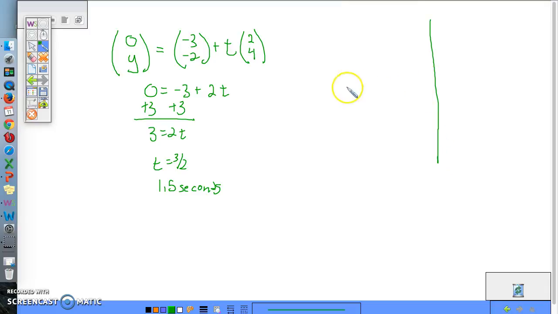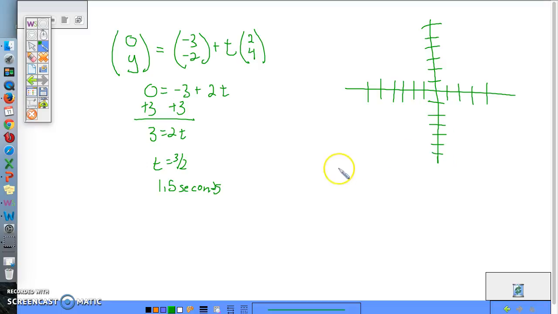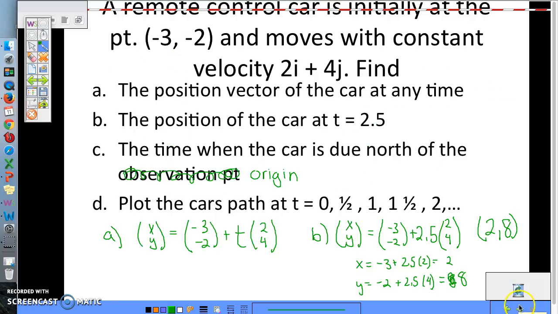So we have the equation x, y equals -3, 2 plus t times 2, 4, and we go from 0 all the way up to 2.